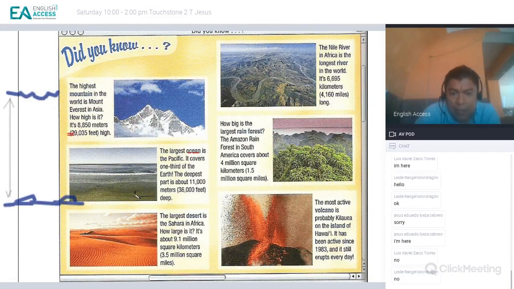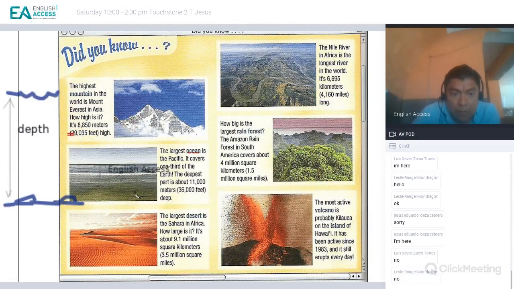That is depth. And the measurement is deep, the adjective. So the Pacific Ocean is 11,000 meters deep. And 11,000 meters is 11 kilometers.